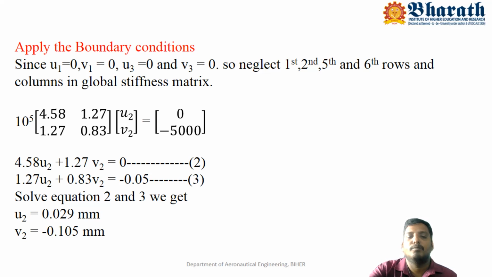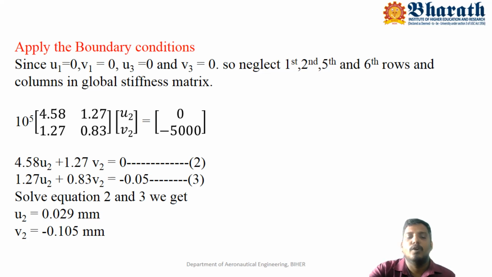Then the 10 power 5 comes to the other side, so we get 4.58 U2 plus 1.27 V2 equal to 0. This is equation number 2. Similarly, 10 power 5 times 1.27 U2 plus 0.83 V2 must equal minus 5000. Then the 10 power 5 moves to the other side, and we get 1.27 U2 plus 0.83 V2 equal to minus 0.05. This is equation number 3.